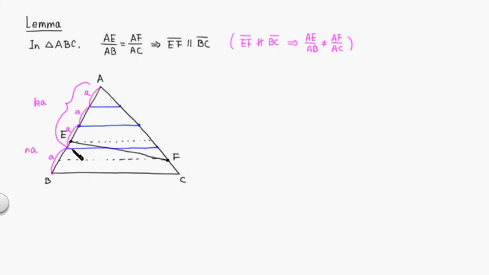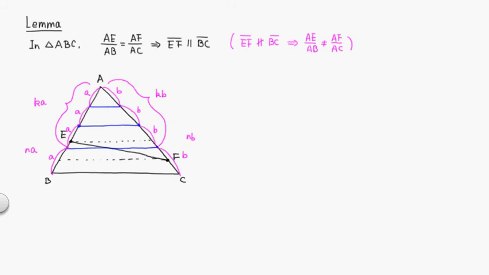Then you can see that here each length is exactly the same, but it might not be the same as A, so I'm going to call it B. So this is B here, and B here, and B here. From here to there, we have KB, because you're going to have the same number of segments here, and the total length would be NB, right?